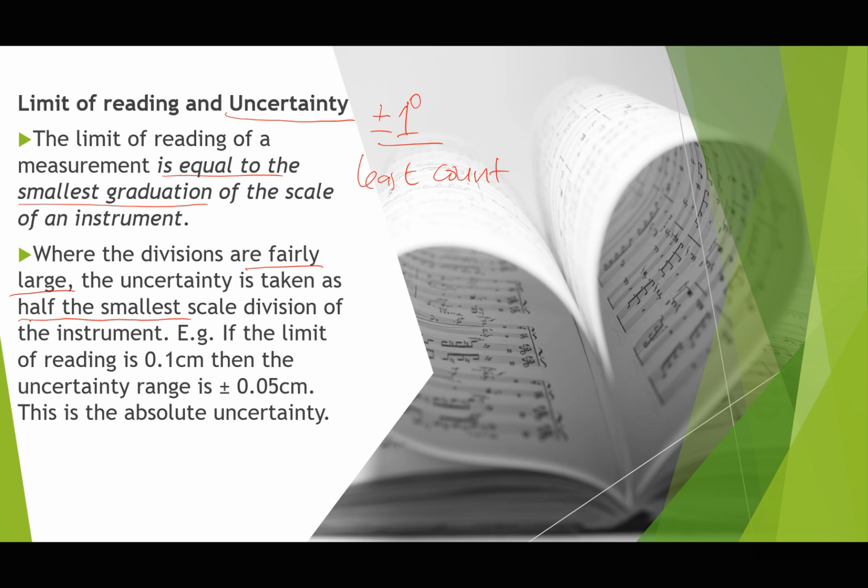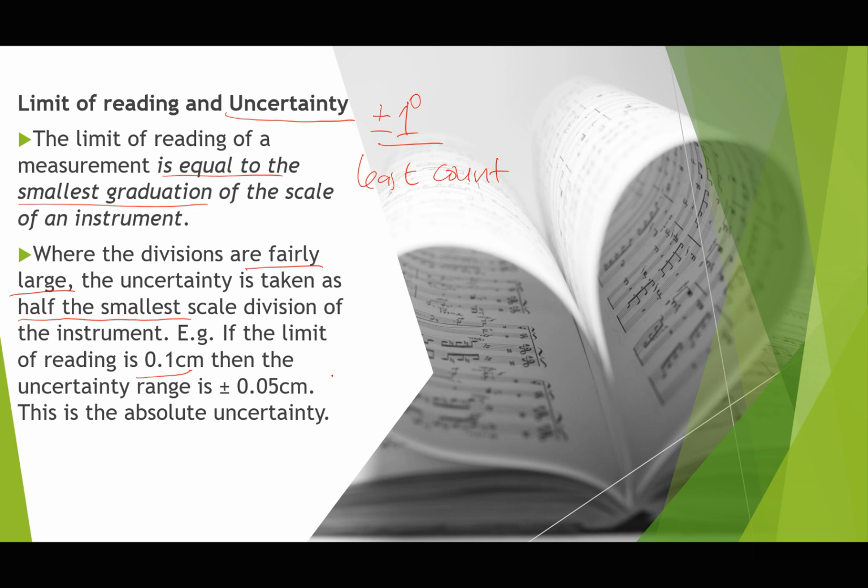For example, the limit of reading is 0.1 centimeters for the meter ruler, but this is because on each side of the meter ruler the uncertainty could be half of 0.1, so that the total, as we shall see later on, is 0.1 in centimeters.